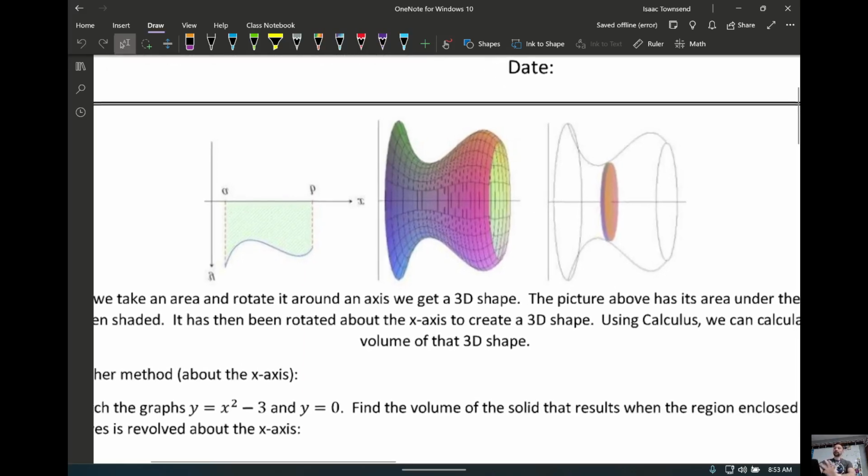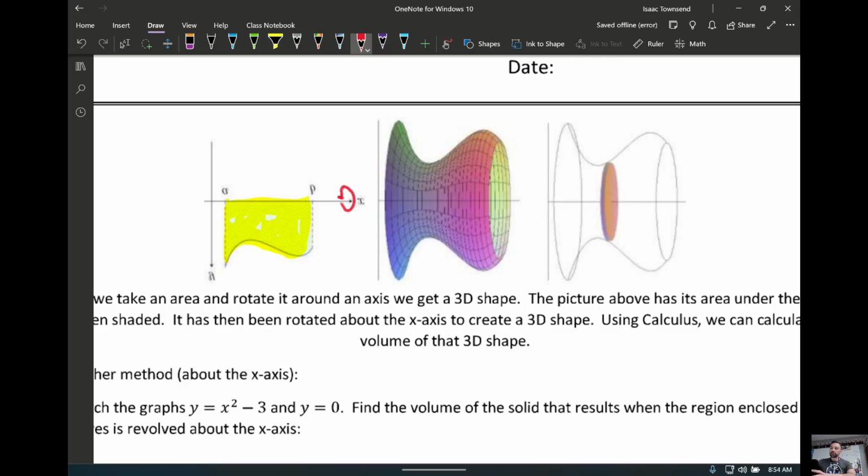These are also very hard to draw, so I have some pictures here to help you visualize this. If we take a two-dimensional area, we can rotate that around the x or y axis. If you imagine this two-dimensional area spinning three-dimensionally, and everywhere it goes, it creates something three-dimensional, that's what this would look like.